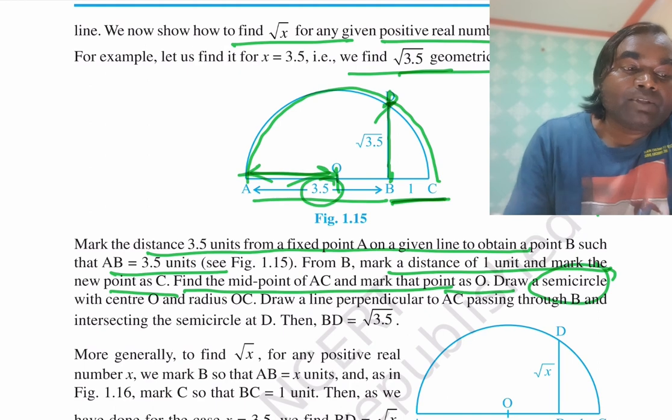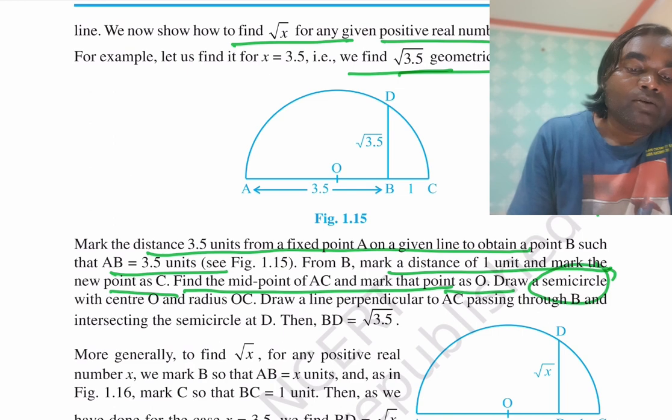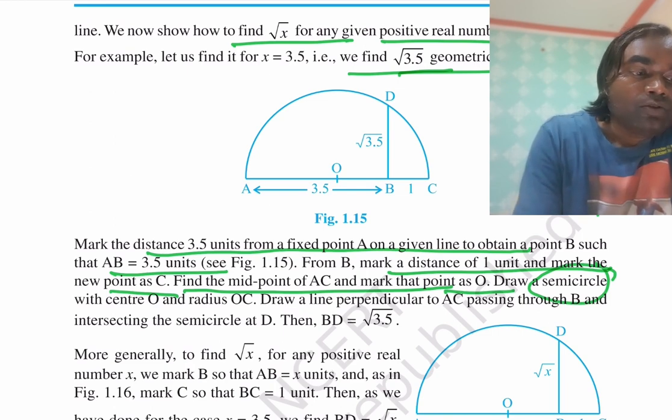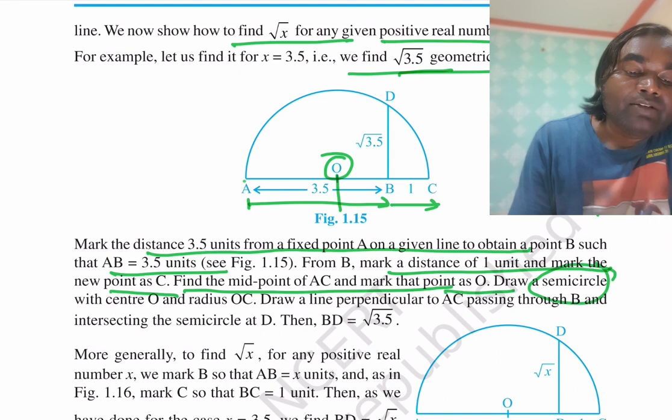So the steps are: firstly, we draw the value equal to the asked value, and then we add 1. After that, we divide this into half, put the center there, and draw a semicircle using the radius equal to half of the value.